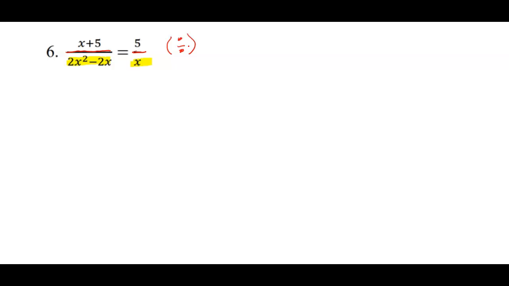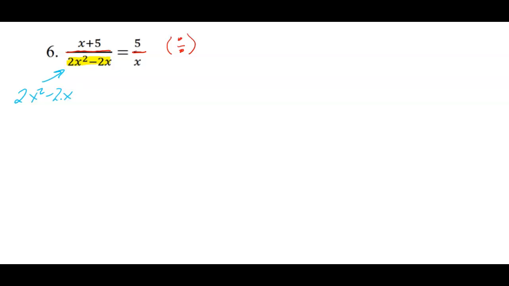And what we want to multiply by is essentially a denominator. So on this first fraction, what I see in my denominator is 2x squared minus 2x.